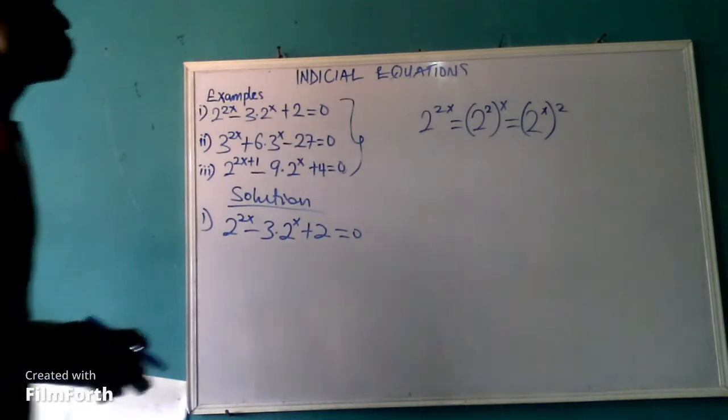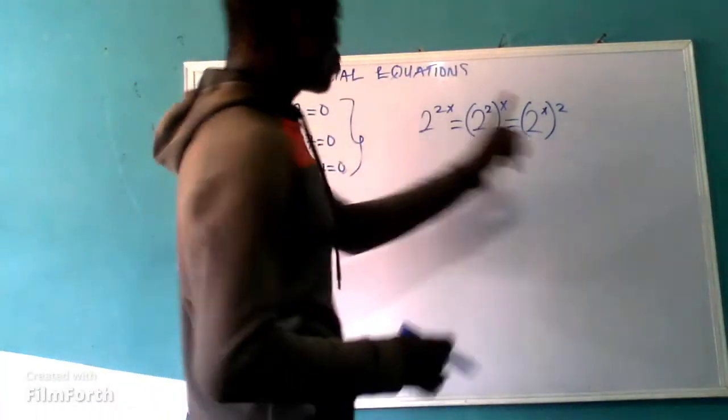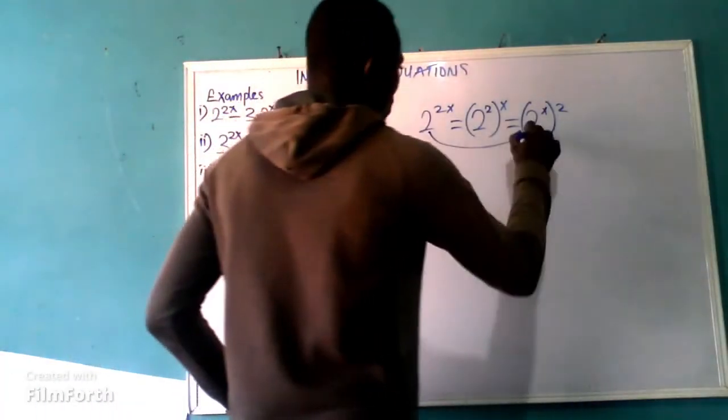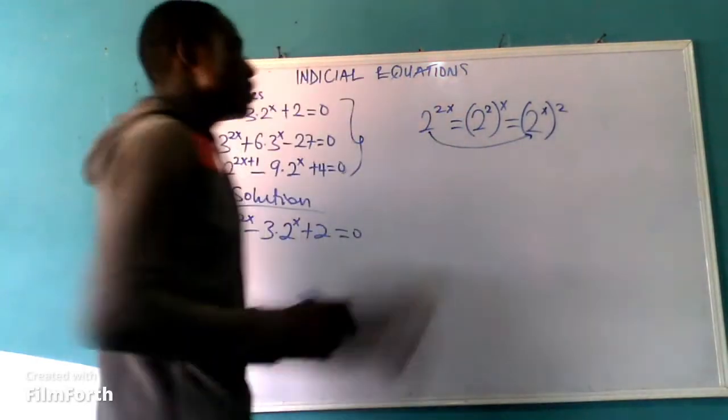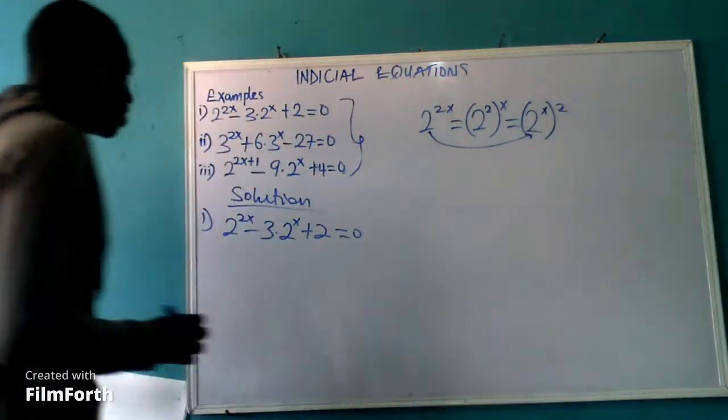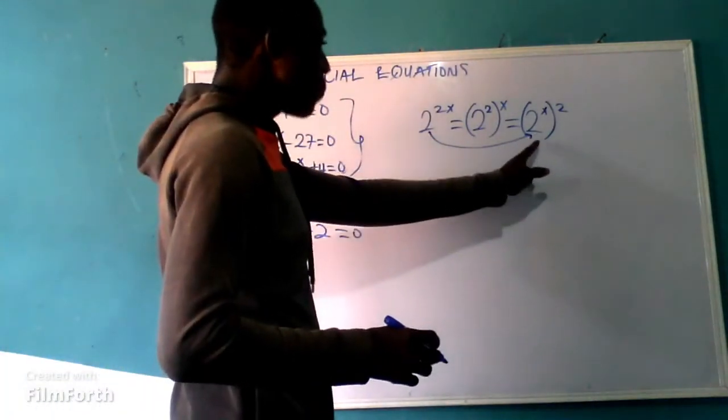Now this is equal to this. We want to replace this by this now. Why? Because this is what we want. We want to do something with this.